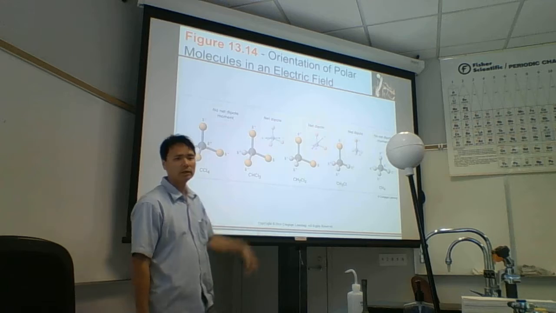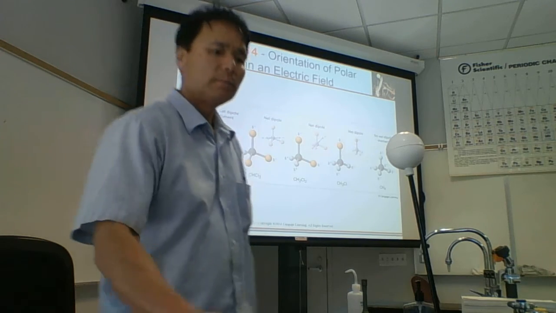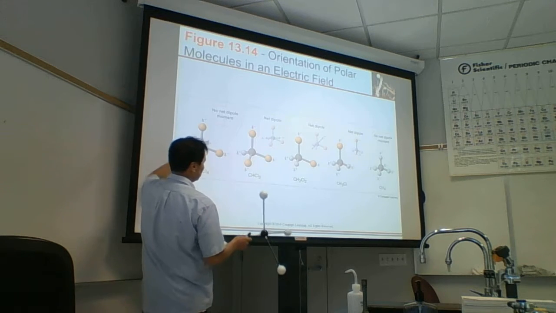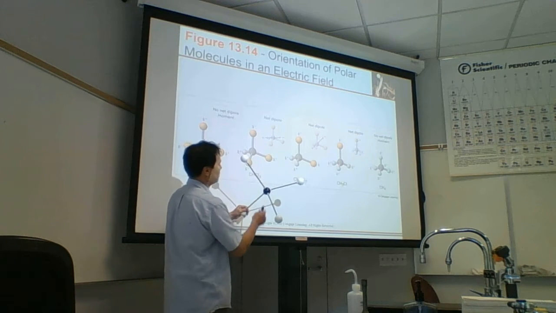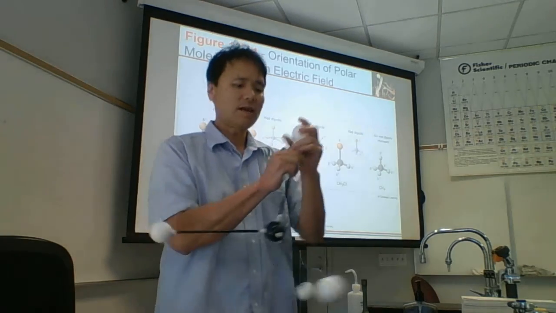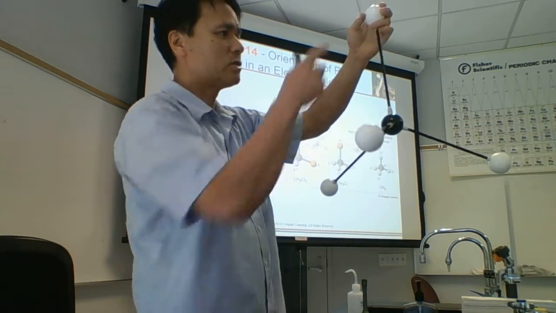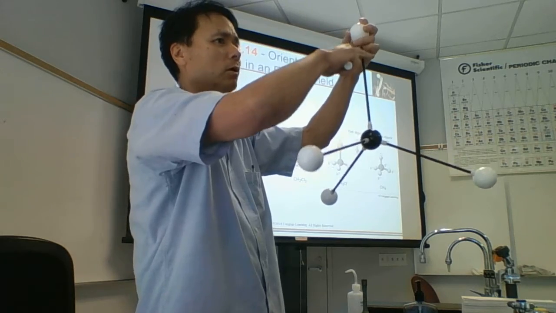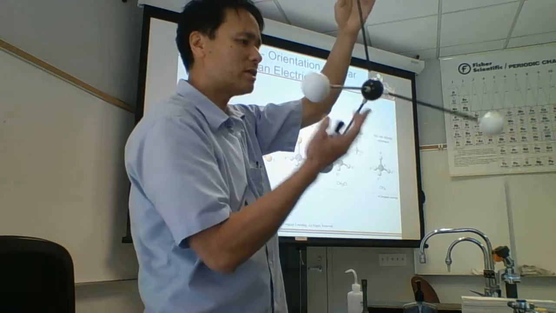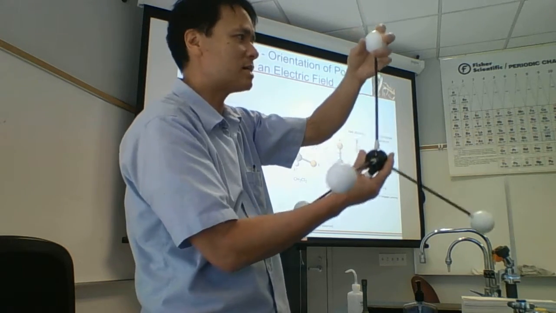If we look at this one, though, do the bond dipoles cancel each other out? In the tetrahedral here, they do cancel each other out, but in this case, they don't necessarily cancel out, because if I put, let's say, 3 chlorines on the bottom and a hydrogen on the top, the hydrogen has no pull. The 3 chlorines are going to pull. So if the 3 chlorines are pulling, the net effect is it's pulling down.